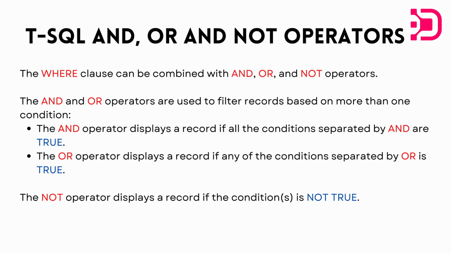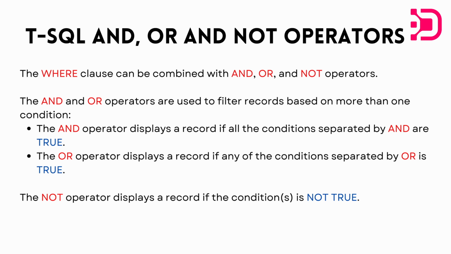Whereas the OR keyword displays a record if any of the conditions separated by OR is true. So that basically means that you would have put in a couple of conditions, and if any one of them is true, that data is valid and is returned. So this will become more clear as we look at demos which are coming up.